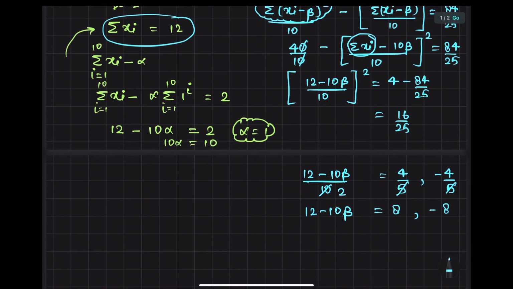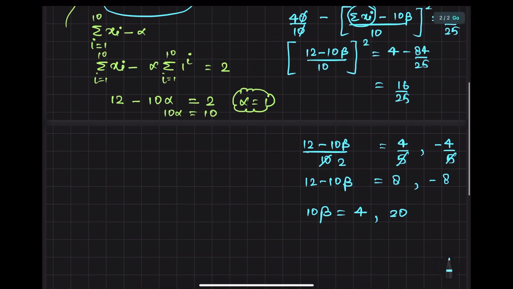Now 10 beta this side, 8 will come this side, so it is 4, or 10 beta this side, this 8 will come this side, so it will become 20. So beta will be either 2 by 5 or 2.